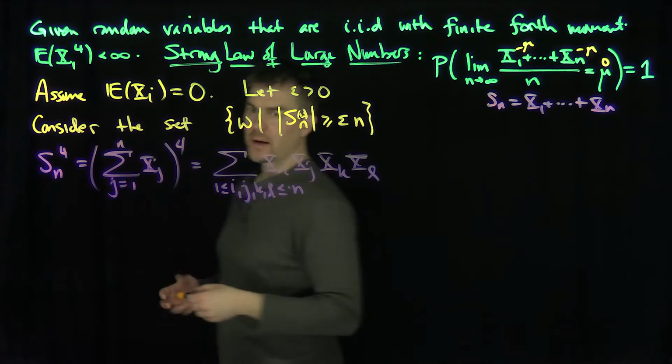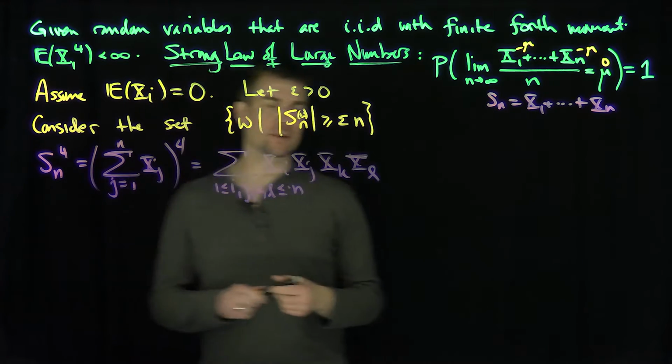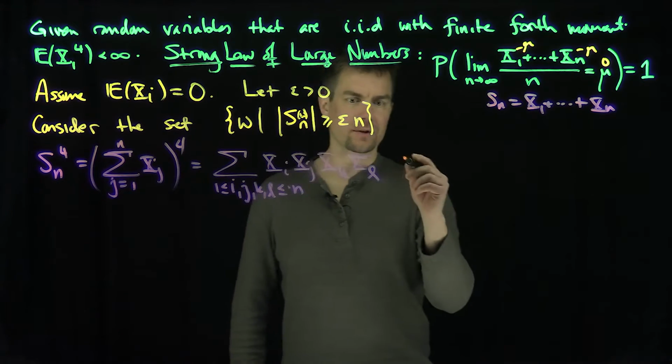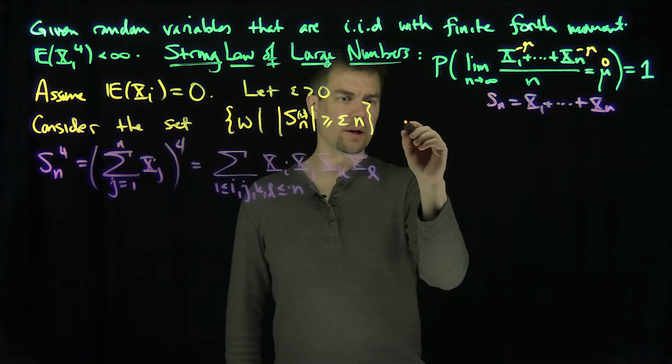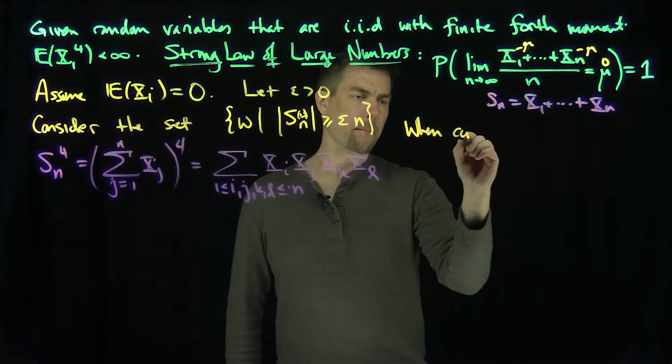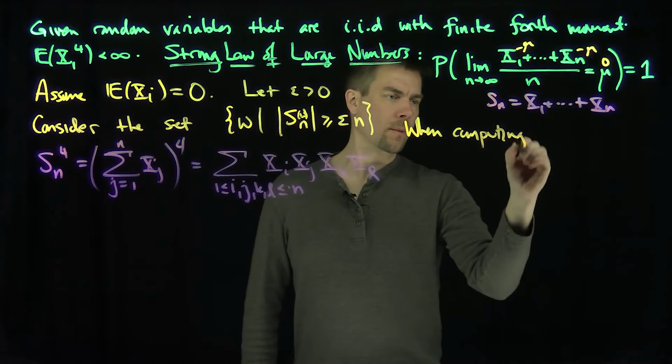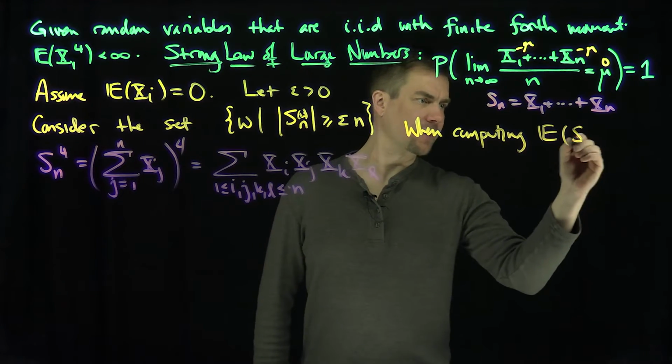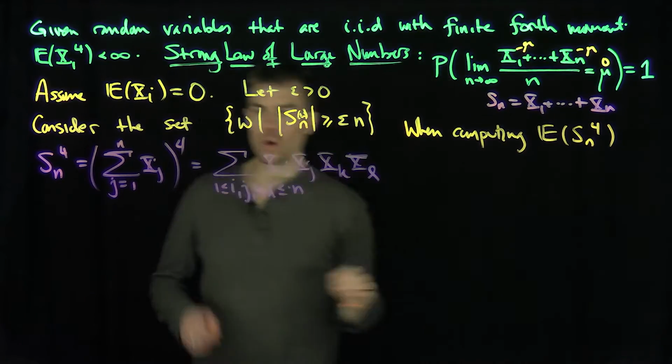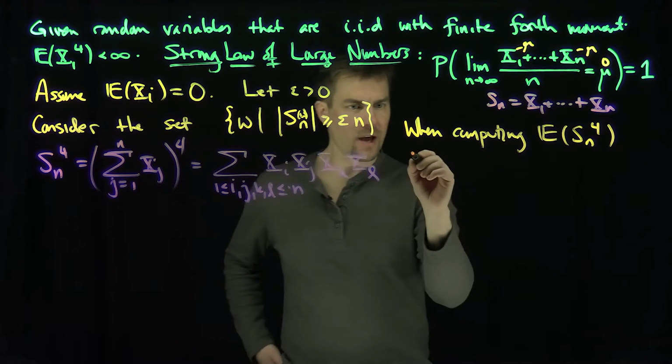Okay? I'd like to estimate the expected value of this thing. And so when I estimate the expected value of these things, what are the terms that can arise in this sum? So let's classify the terms. When computing the expected value of Sn to the fourth power, what terms will arise?